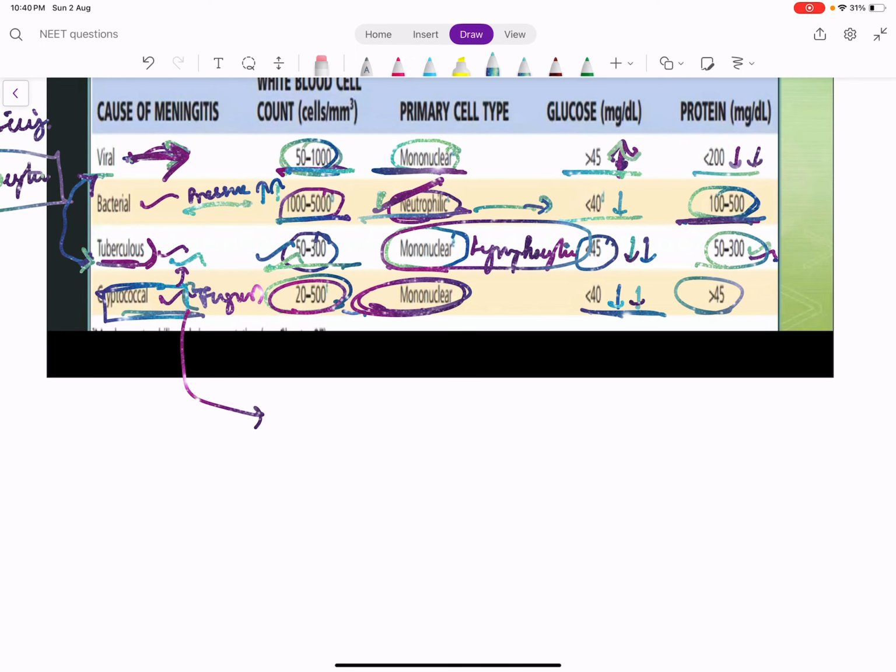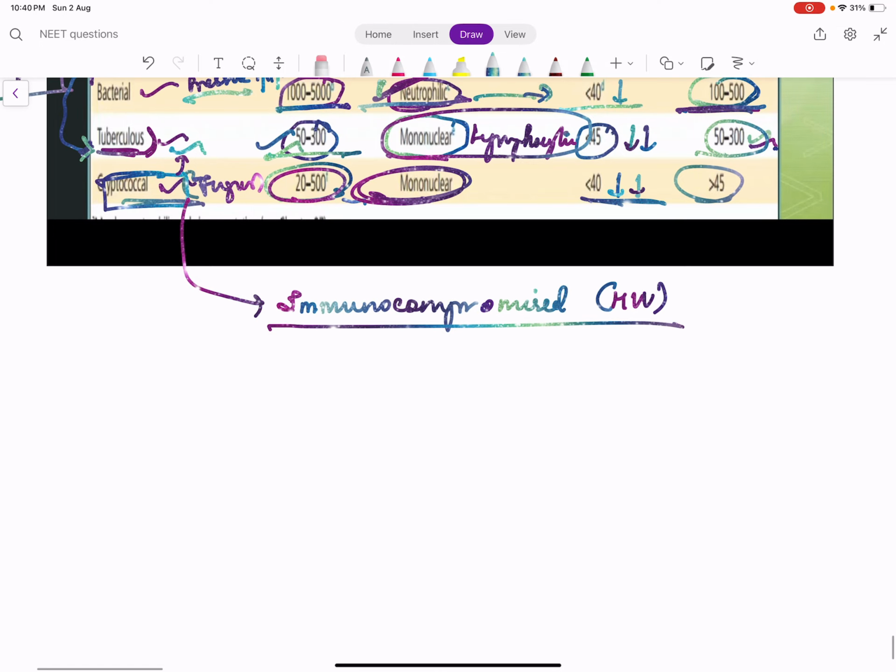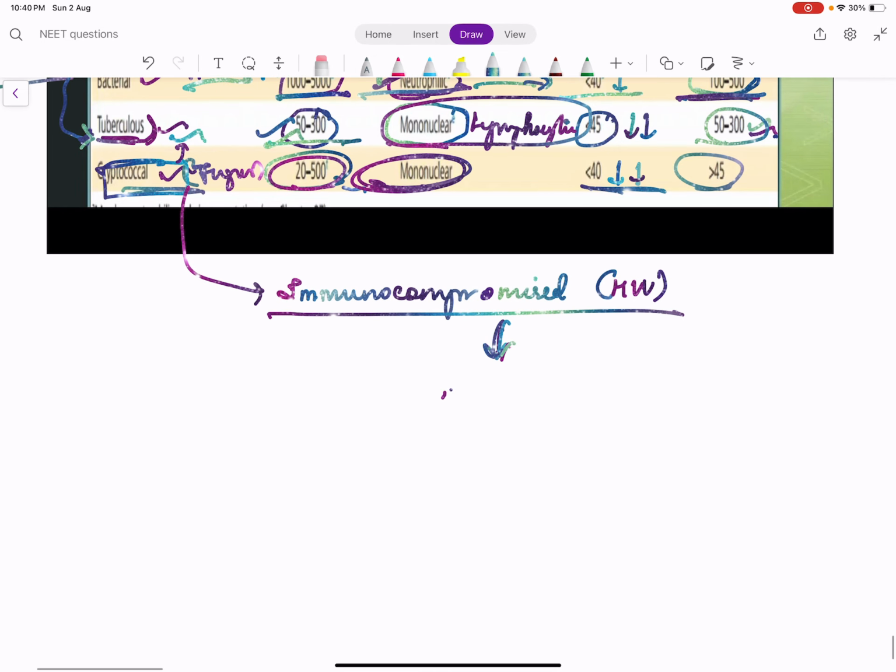Fungal meningitis usually occurs in people who are very severely immunocompromised, like in HIV. So if a background of a HIV patient is given and history of meningitis or encephalitis is given, CSF is given like a tuberculous meningitis, still TB is common, but fungal is also common. Now how will you diagnose that? If a cryptococcal meningitis, we have a special test, right? India ink stain.